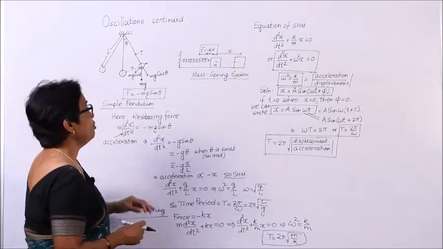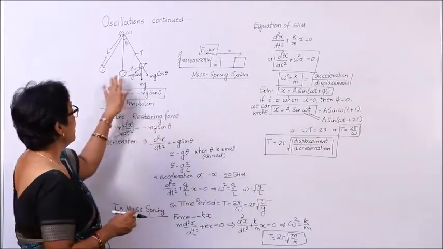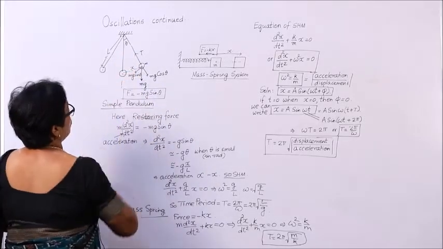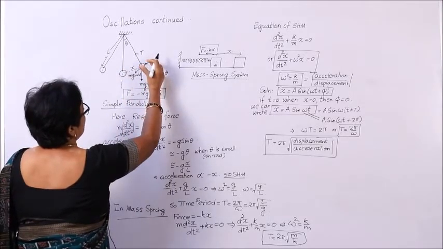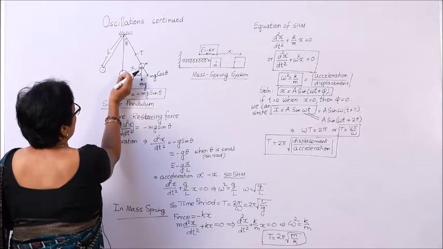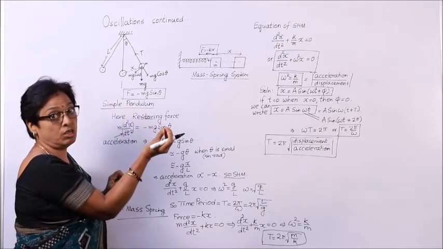If we take the example of the simple pendulum and the mass spring system, in the case of simple pendulum, this is the mean position. From here you displace it to one side and leave it. When you leave it, it comes to this point, where by the time it comes here, its velocity is quite large, it cannot come to rest.